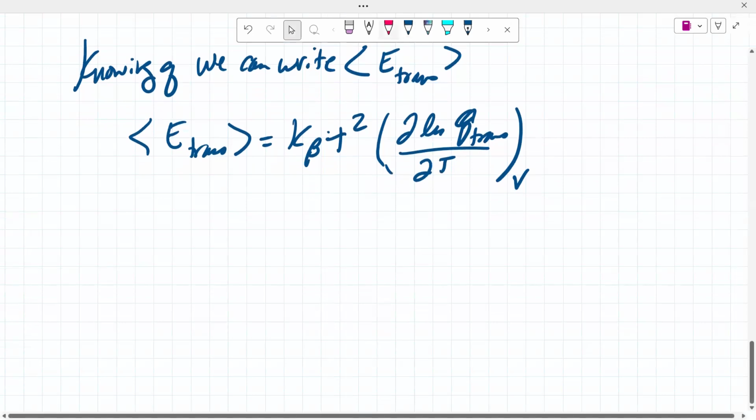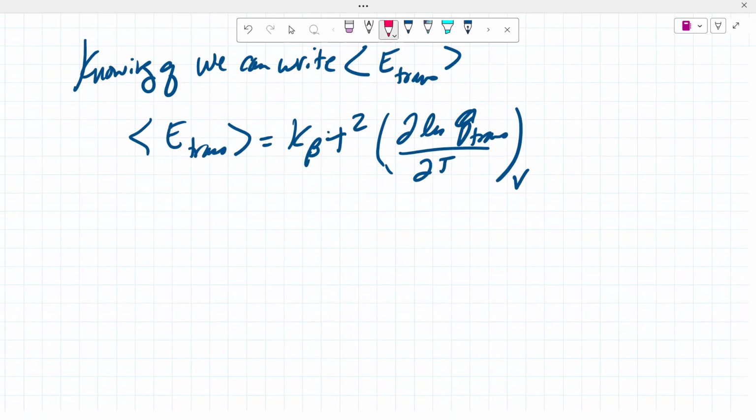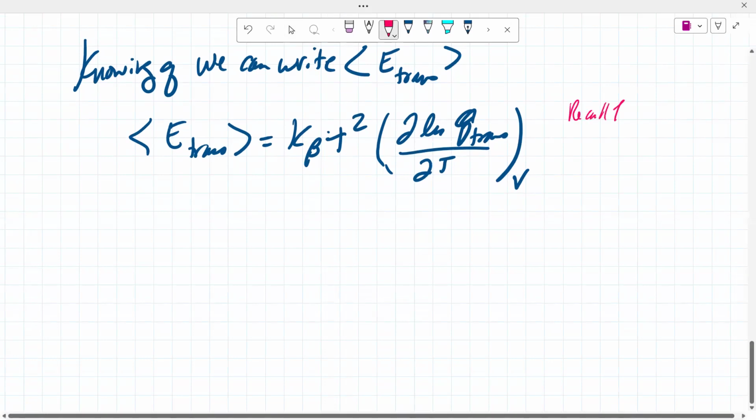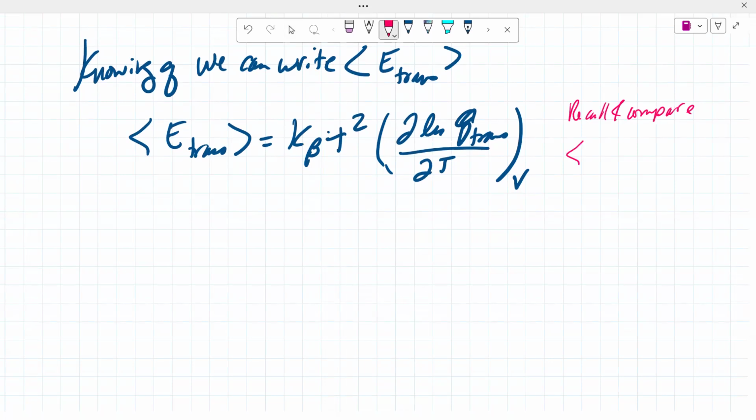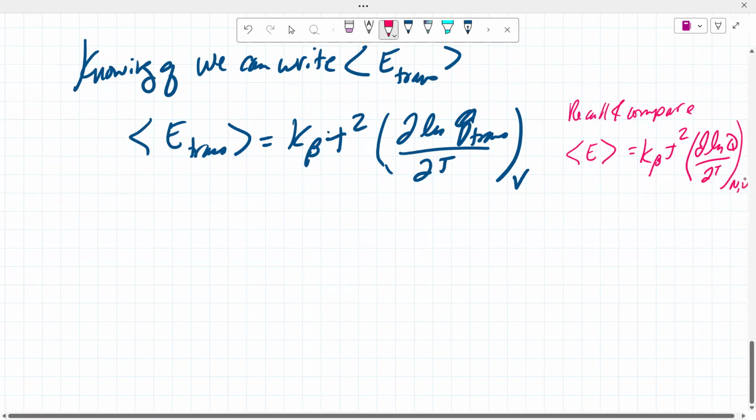So we saw before, call this one and compare. Okay, we had the average energy equals kT squared d ln Q over dT with N and V constant.